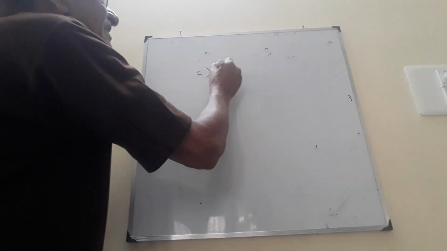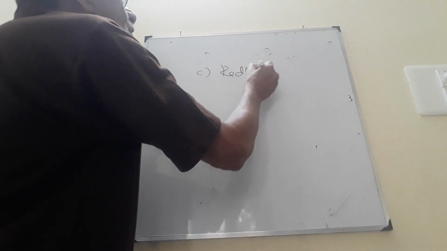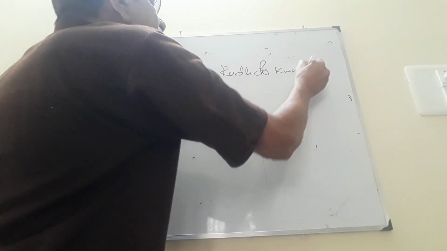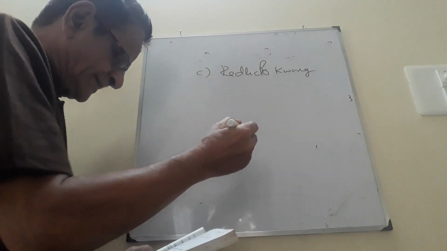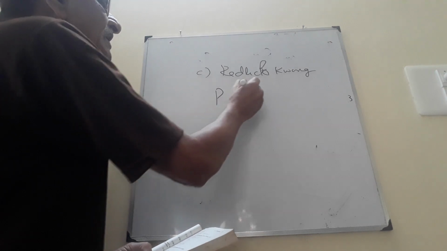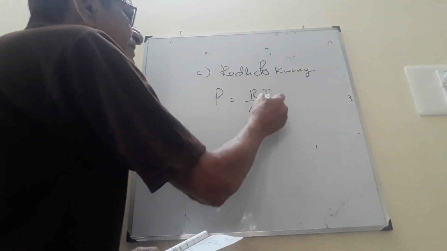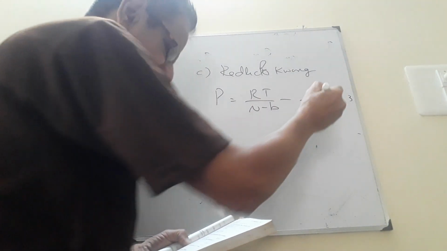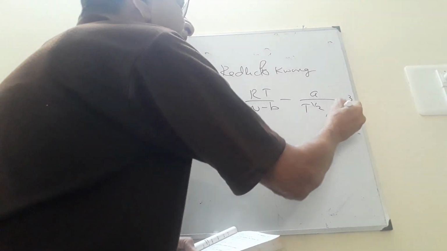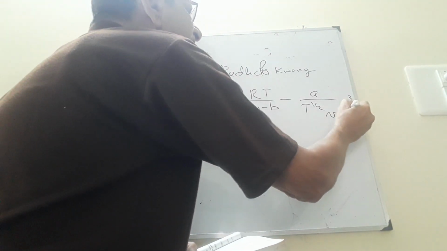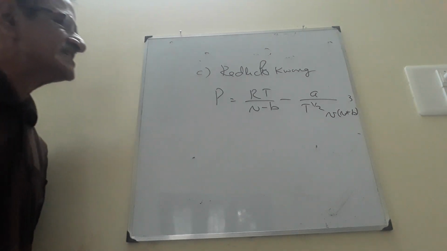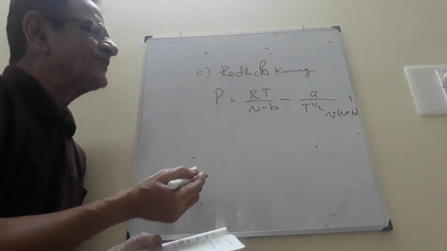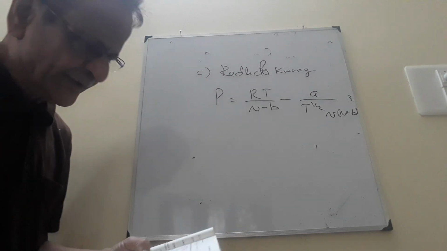It is of the form P equal to RT by (V minus B) minus A by T to the power half into V times (V plus B). This is called the Redlich-Kwong equation. Here, A and B are called the Redlich-Kwong parameters. It's a modified form of the van der Waals equation. Like this, we have a number of equations of state.